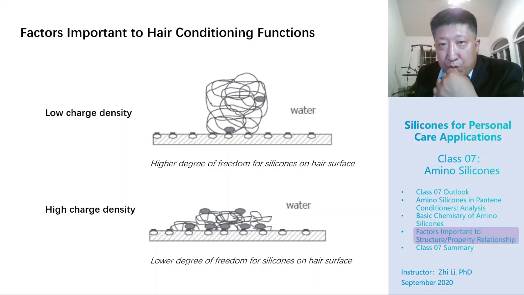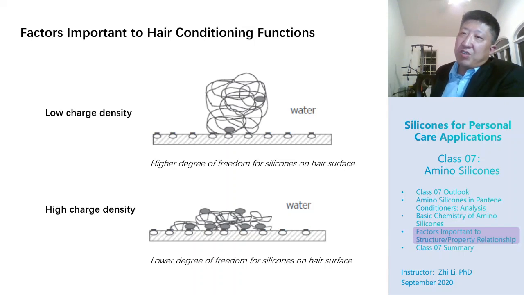This is just a little bit more illustration from Momentive about low charge density versus high charge density, and it shows a very similar concept. Lower charge density correlates with a high degree of freedom for silicone on the hair surface. High charge density correlates with a lower degree of freedom for silicone on the hair surface.